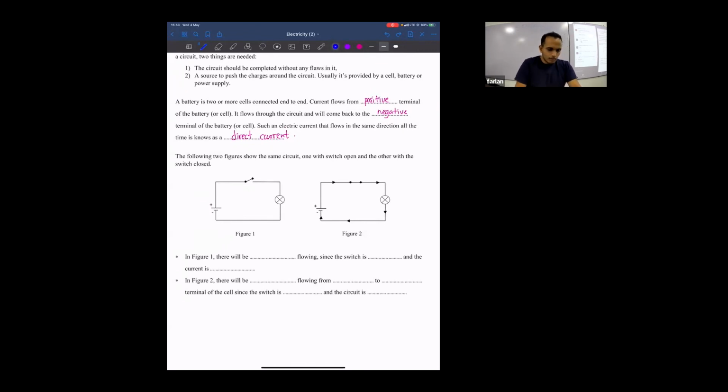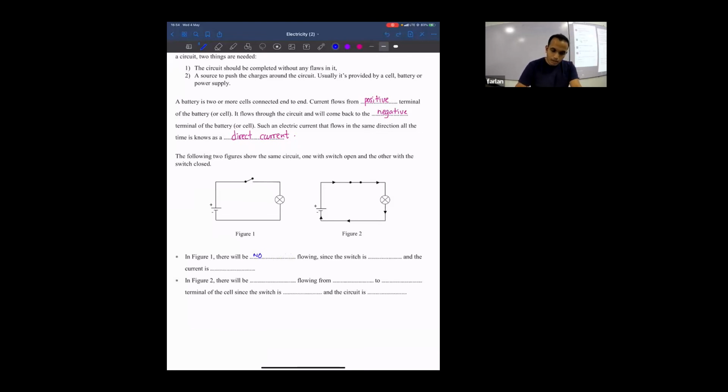Okay. Right. In figure 1, there will be blank flowing since the switch is blank and the current is blank. I will complete this statement. In figure 1, there will be no current flowing. Shall I make a small correction, please?